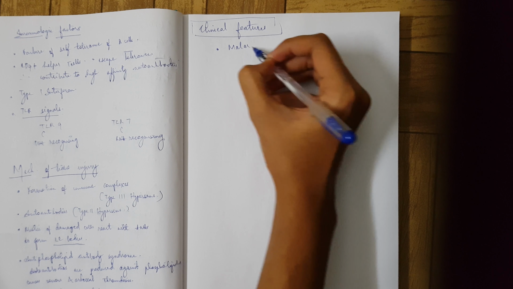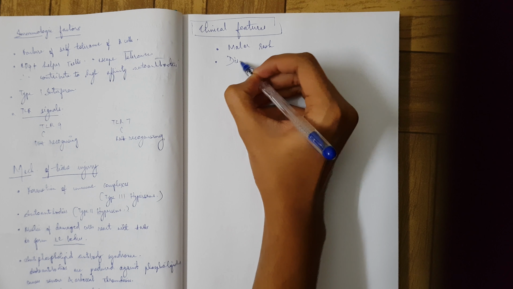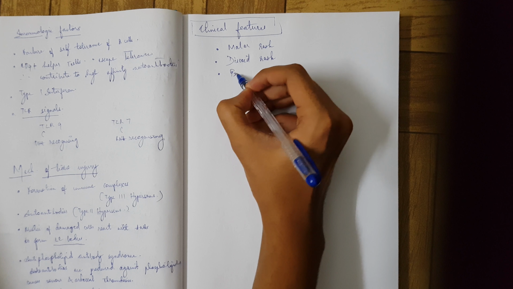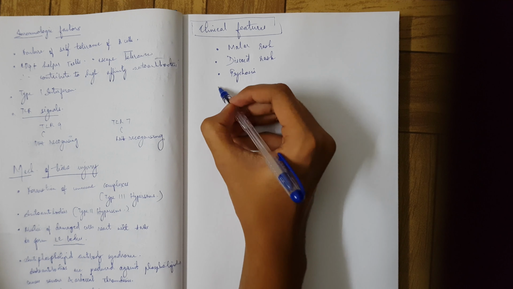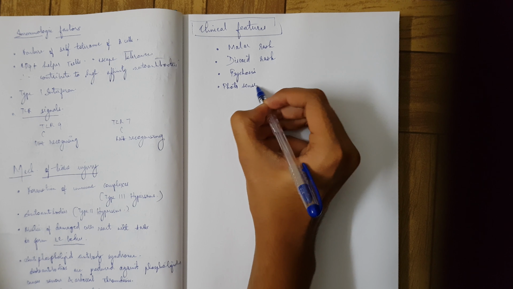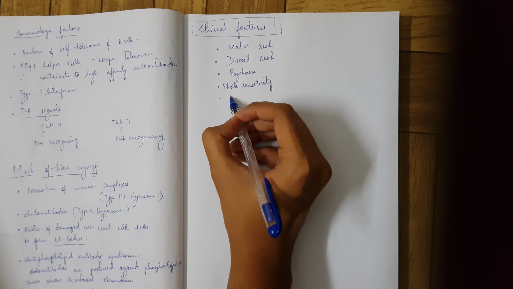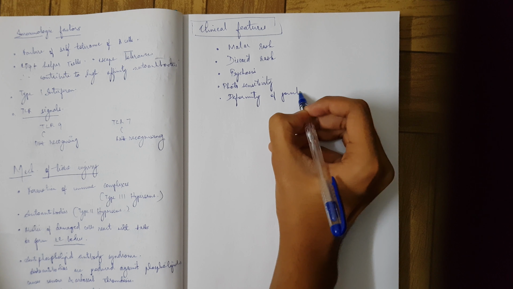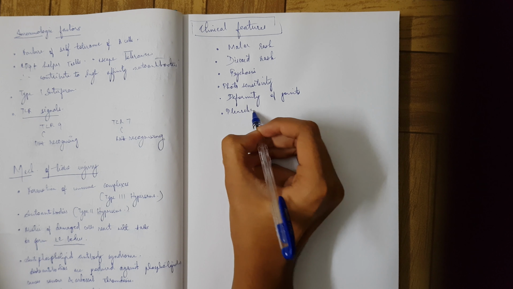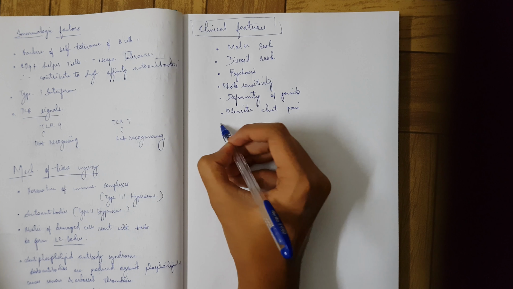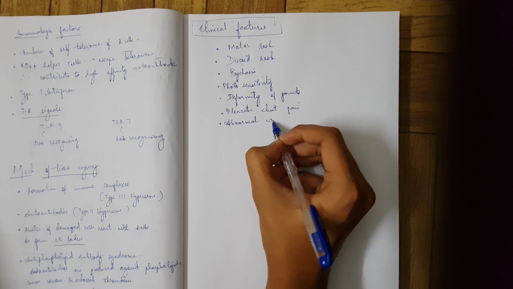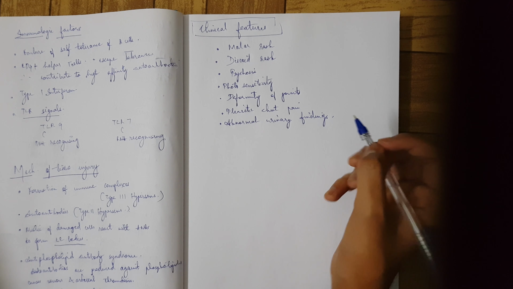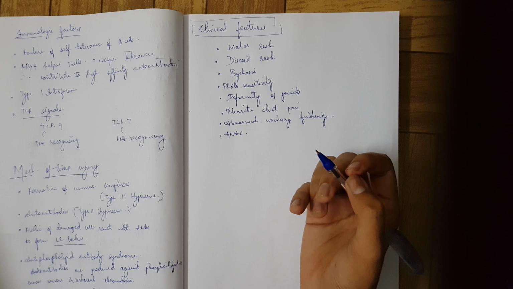It causes malar rash, discoid rash, psychosis, photosensitivity, deformity of joints, pleuritic chest pain, abnormal urinary findings, and ANAs. These are some of the clinical features.